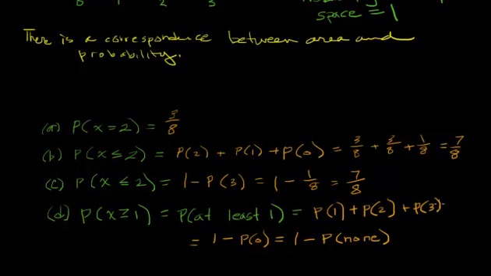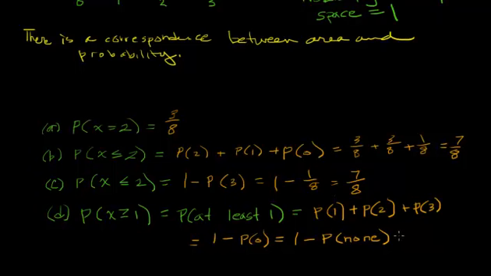The only thing not included in our list would be 0, because we'd have 1 plus 2 plus 3 all the way to 50, and the only thing missing when you're looking for at least 1 is 0. So you can always use this complement. So the probability of at least 1 is equal to 1 minus the probability of none. Handy thing to remember, especially what if this had been 50 flips? I'd be writing this out, plus 4, plus 5, plus 6. I'd have a lot of work if I didn't understand this real quick, easy way to use complements.